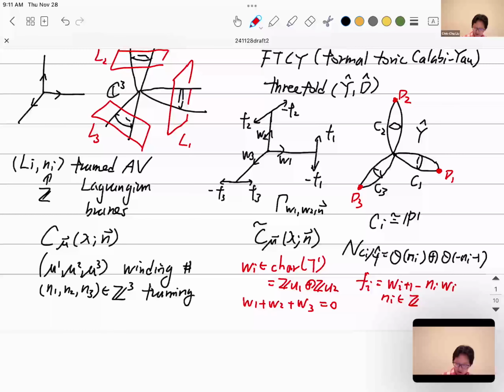And then this is the graph, and the geometric picture is on the right-hand side. We have a configuration of 3 P1s, C1, C2, and C3. They come with their formal neighborhood. The Ni correspond to the splitting of the normal bundle of Ci in the formal toric threefold.